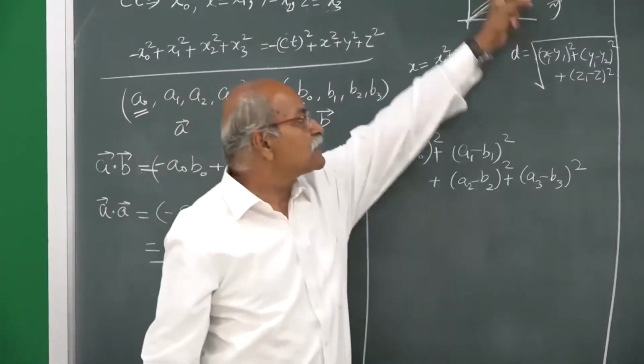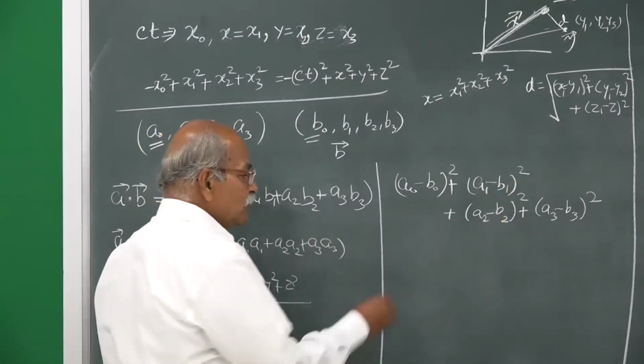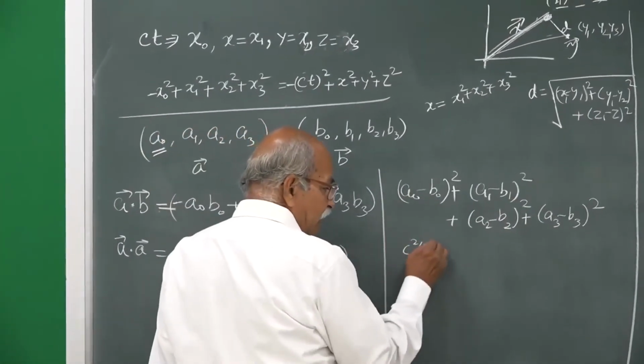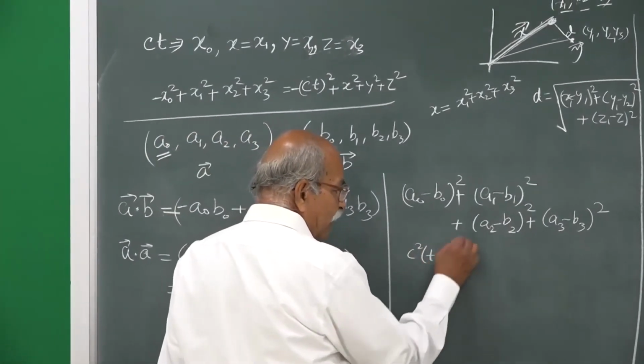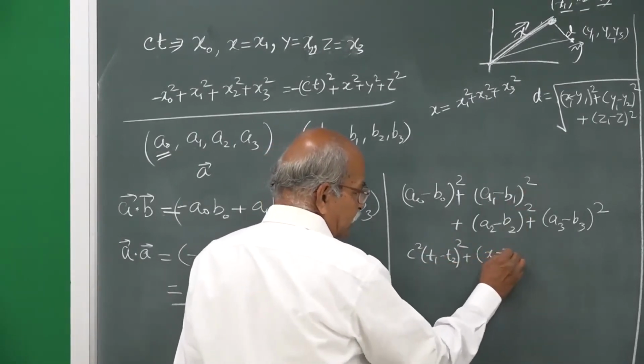Just like this. If you construct this quantity, this will be essentially c square (t1 minus t2) square plus (x1 minus x2) square.